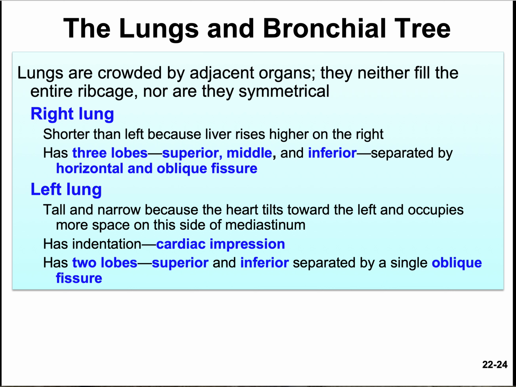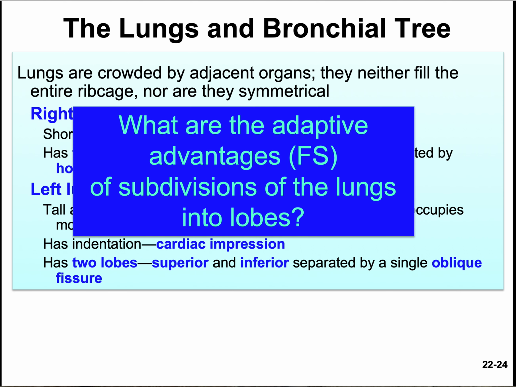So just like there are subdivisions within muscles, and we said the same thing, slowing the spread of damage or disease. The advantage of muscles being subdivided is the exact same thing for lungs. So lung subdivision slows the spread. The answer here: it slows the spread of damage and disease.